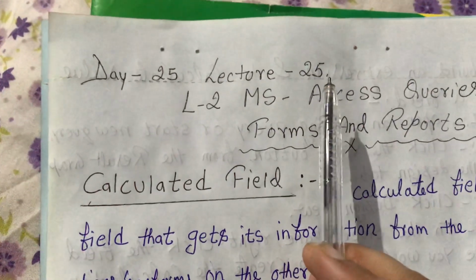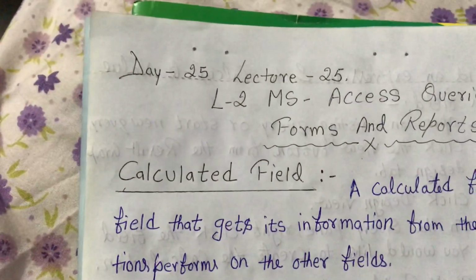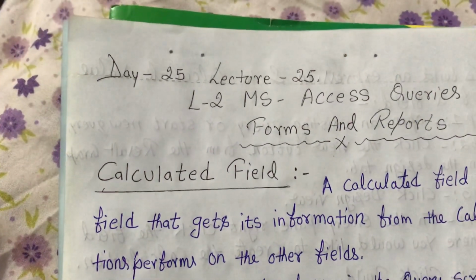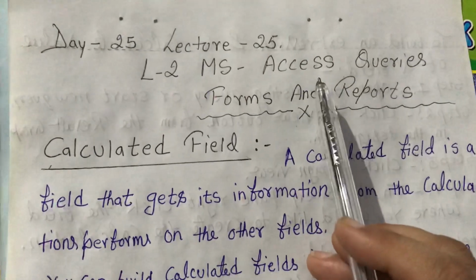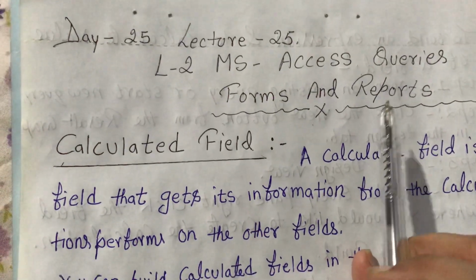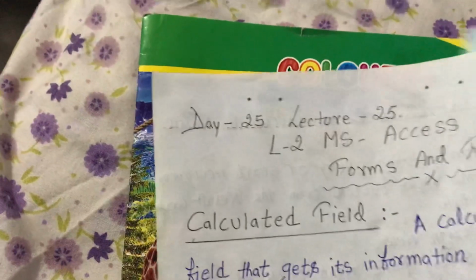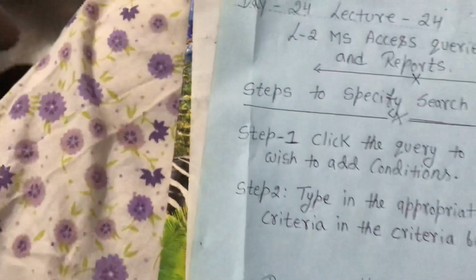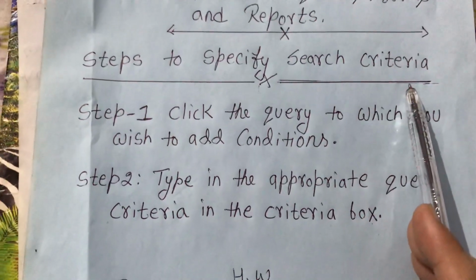Student, we are going from chapter number 2, that is MS Access, queries, forms and reports, in which yesterday we learned the steps to specify the search criteria.